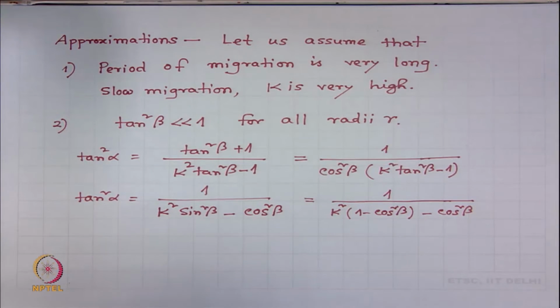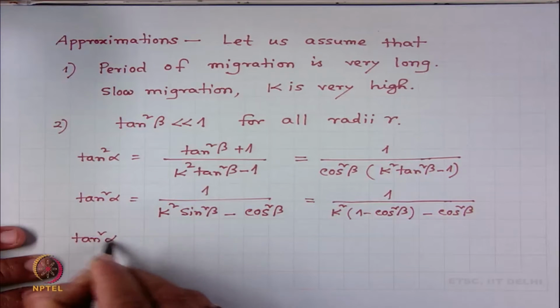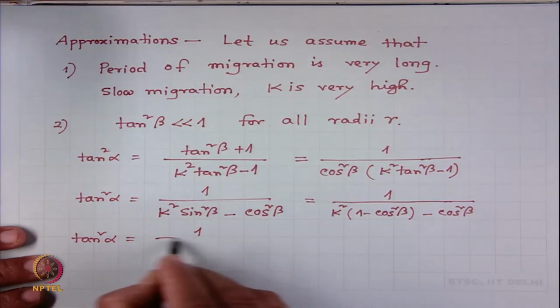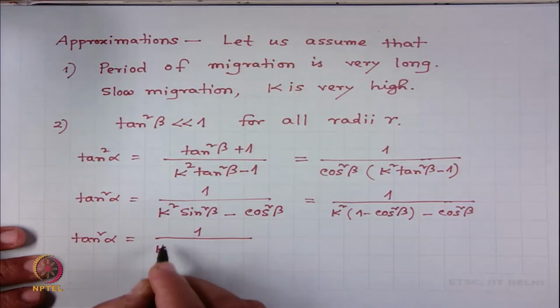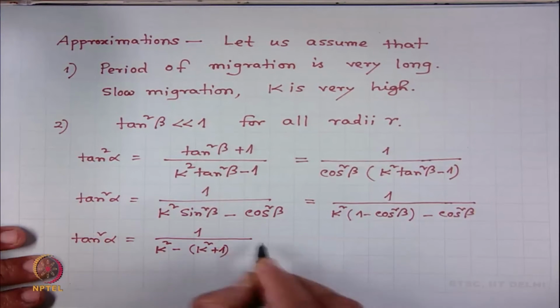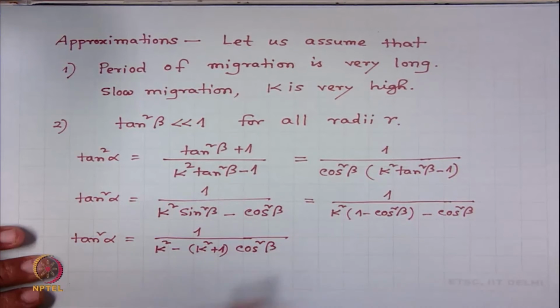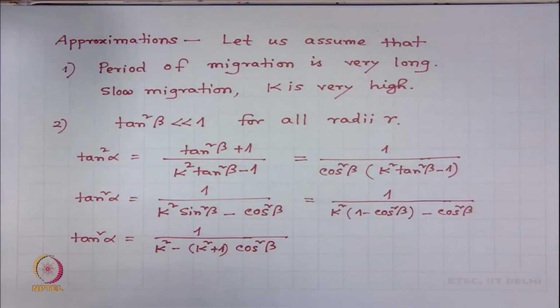Right. So, k square minus k square plus 1 cos square beta. K is very high.